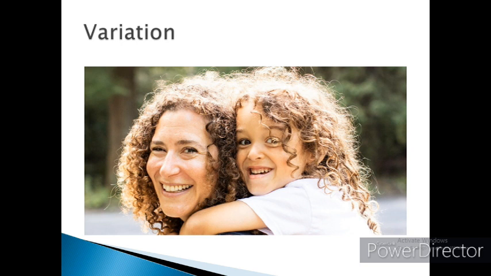This is because they have some differences, and that difference is known as a variation. In this case, this is the mother and this is the child. Although their hair color is the same, their looks are not the same. Although their skin color is the same, their looks are still not the same. This is just because of the variation.